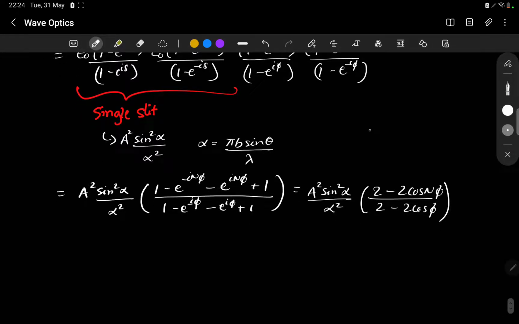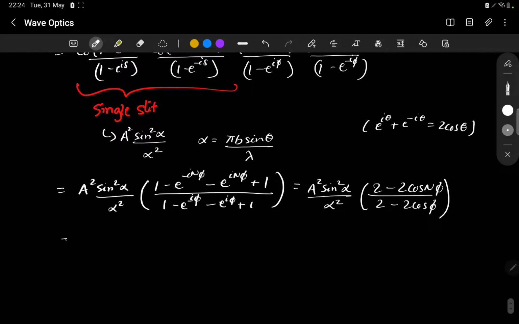This comes from the fact that e to the power i theta plus e to the power minus i theta is 2 cosine of theta. So further we can simplify it.